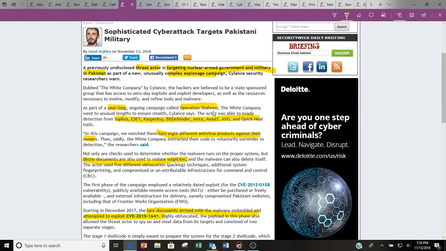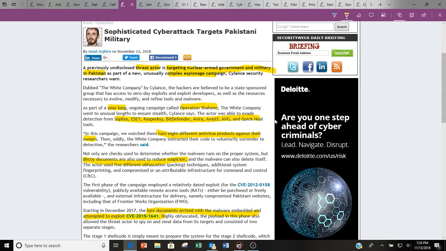But what makes this very sophisticated is it is able to take on the following 8 anti-malware products: Sophos, ESET, Kaspersky, Bitdefender, Avast, AVG, and Quick Heal. I'm familiar with half of those.